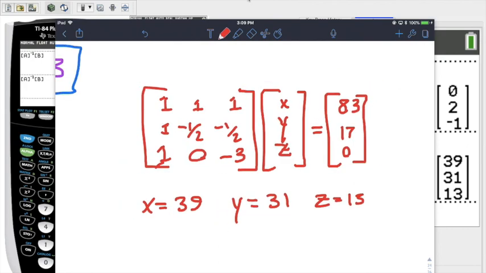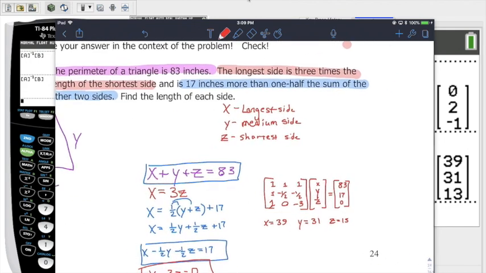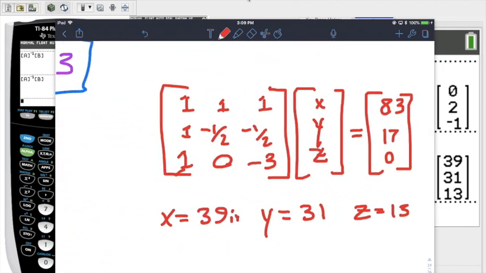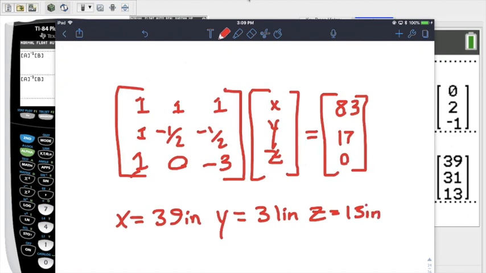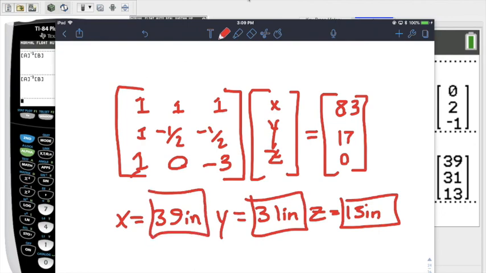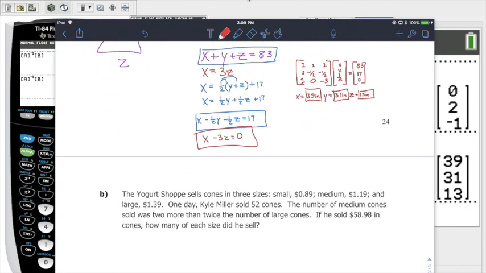That's how you find all the different side lengths there. Now, since they gave us units, probably good to write out the units there. So 39 inches, 31 inches, and then 13 inches. And that's about it right there. So, not too bad there.